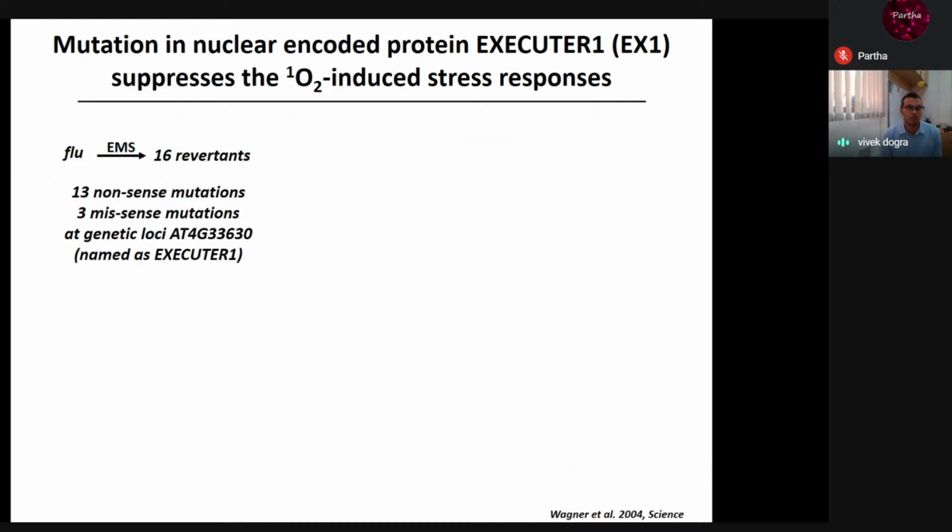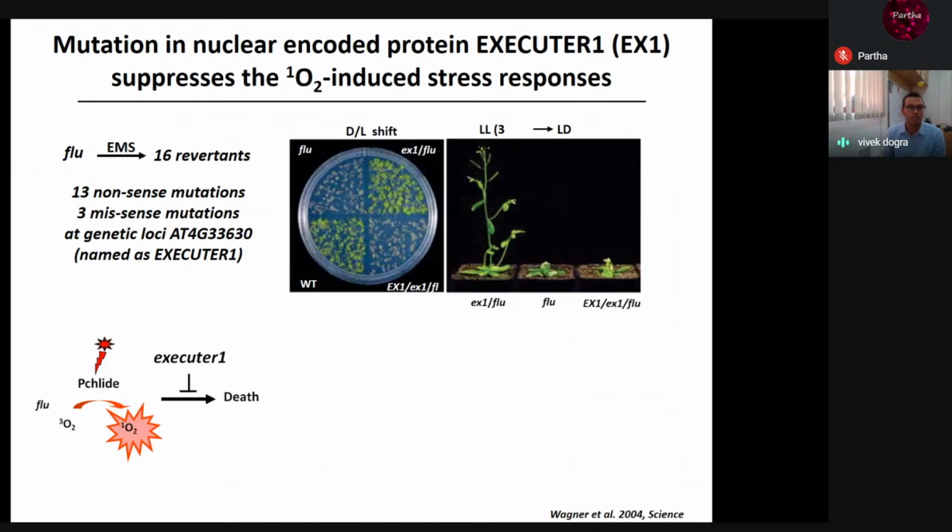What Klaus Apel's team did was induce random mutations in this flu mutant using chemical mutagenesis. They used EMS, ethyl methanesulfonate, and they found 16 plants which could survive this dark to light transition and were having no problem. The plant was happy, able to survive like wild type.